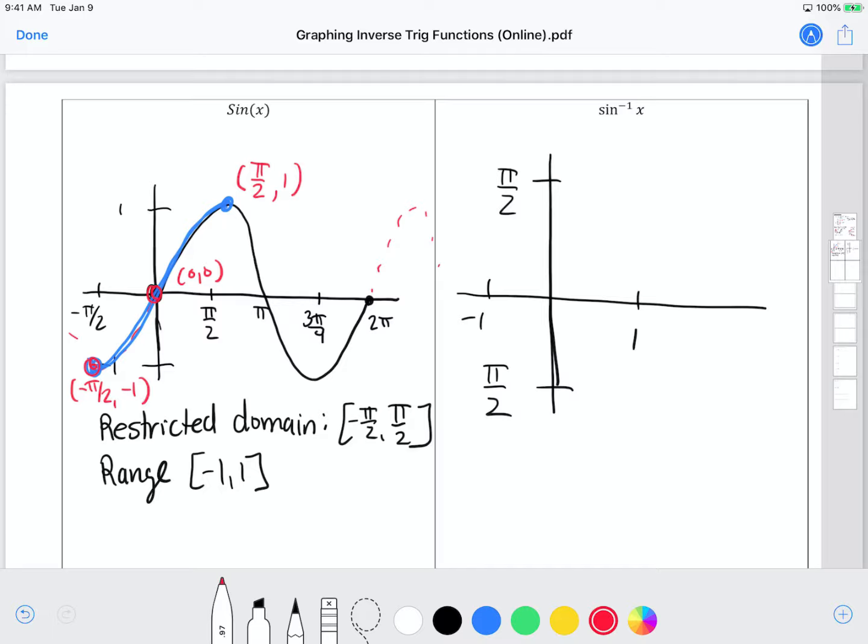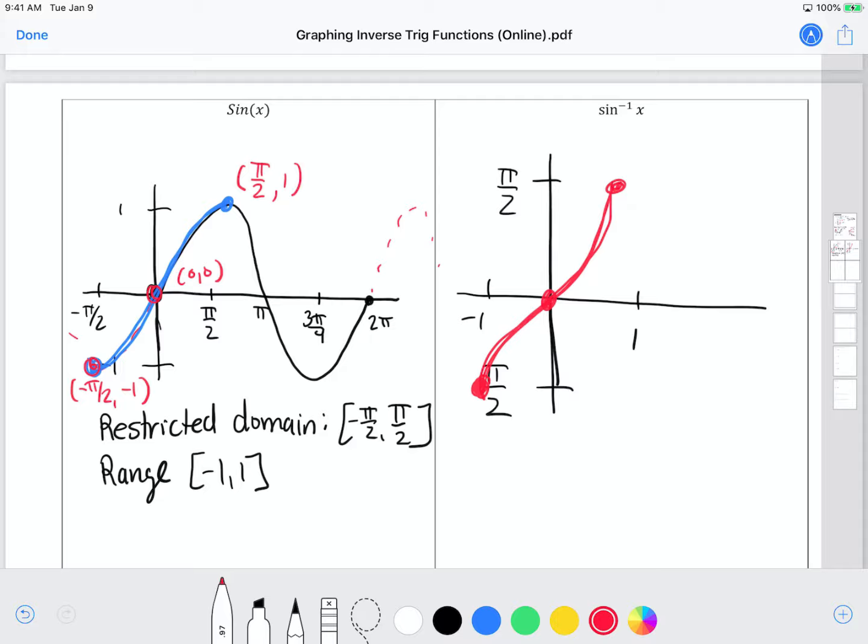So now when we switch the x's and y's of those points to get the inverse, I now have the point on there, negative 1, negative pi over 2, which would be right here, then 0, 0, and then 1, pi over 2. So now it's going to look like this. That's what the inverse sine is going to look like.